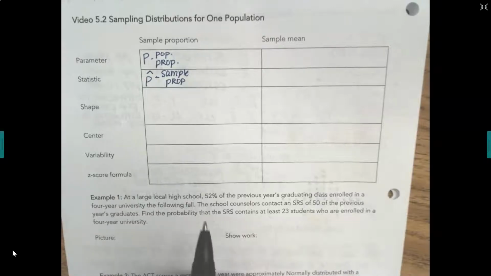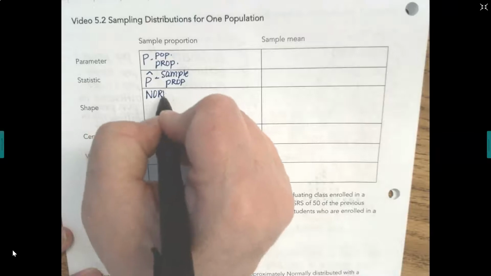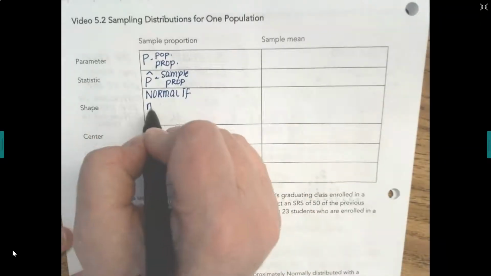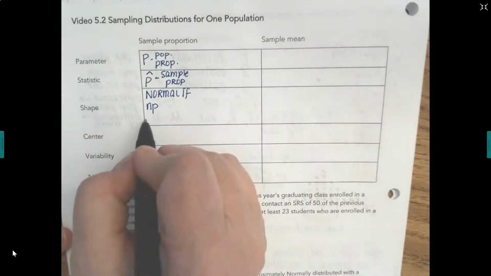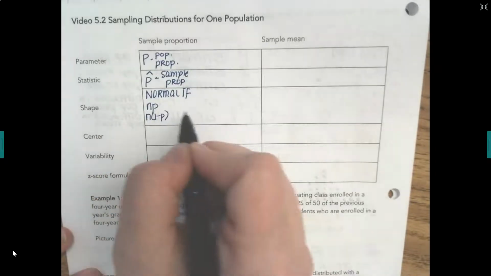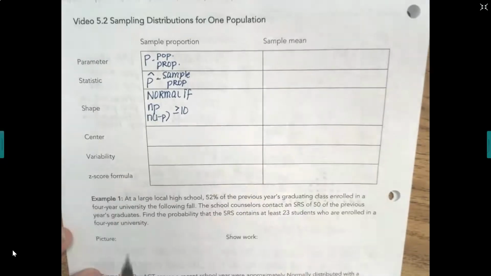Now, we'll know if our shape is normal or not, so we're going to say normal if, for proportions, you have to check n times p and n times 1 minus p. Both of those numbers need to be greater than or equal to 10, and you have to be sure to make the comparison to 10 for this to work for full credit.